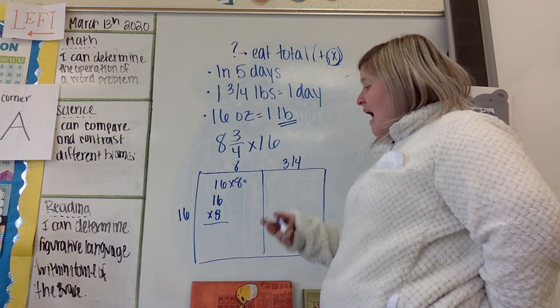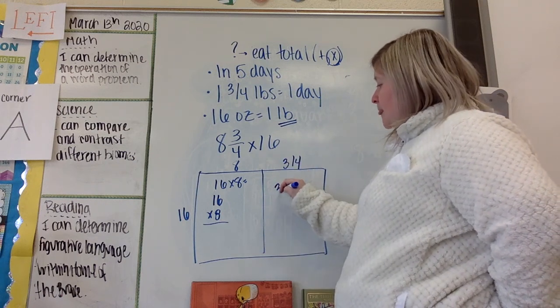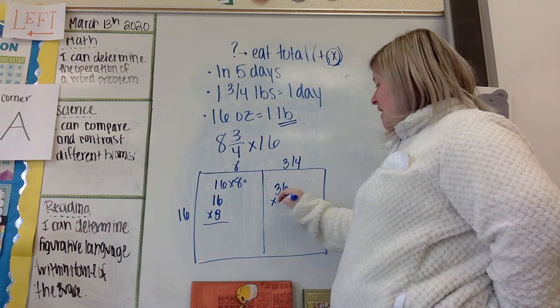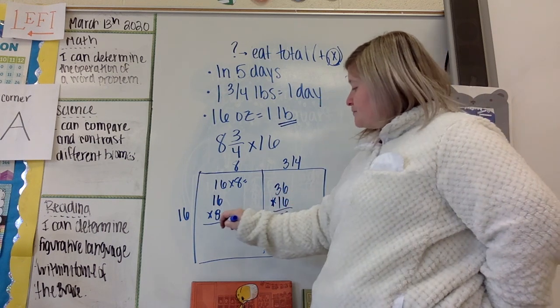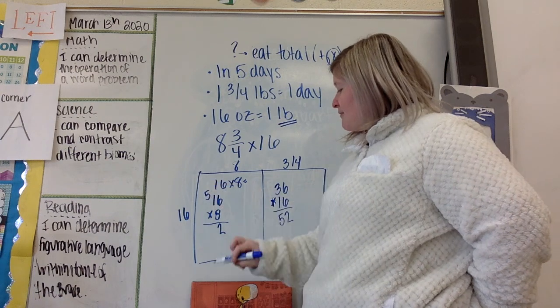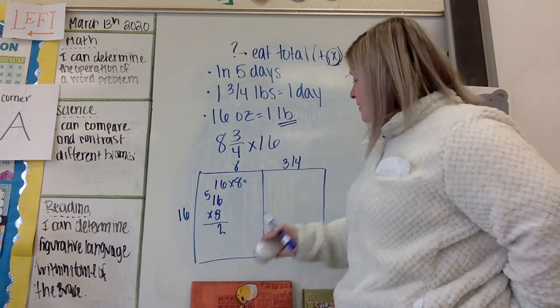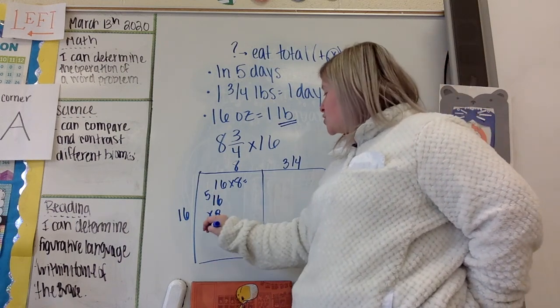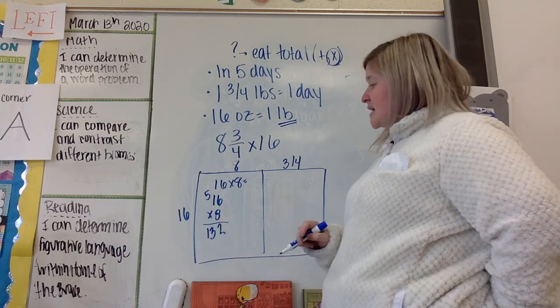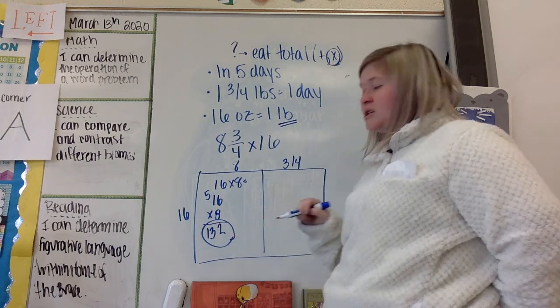So then if I add 16 more, 36 plus 16 equals 52. Put my 2, carry my 5. 8 times 1 is 8, plus 5 is 13. So 16 times 8 is 132.